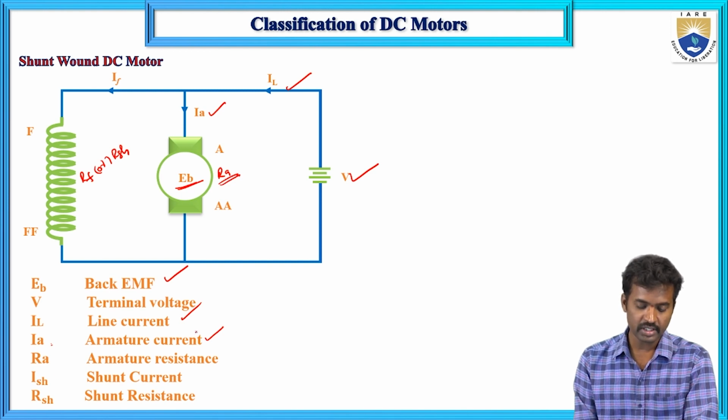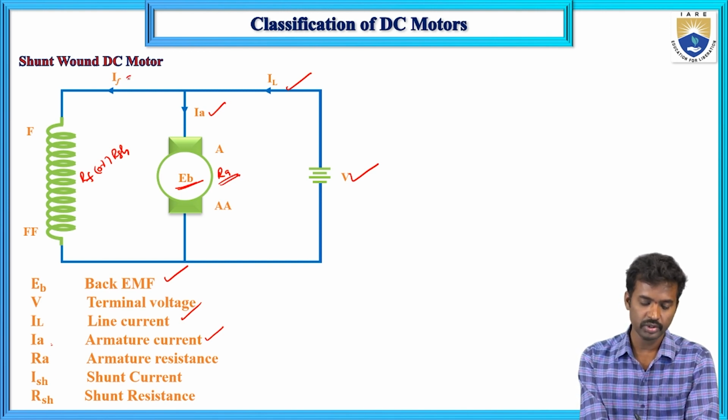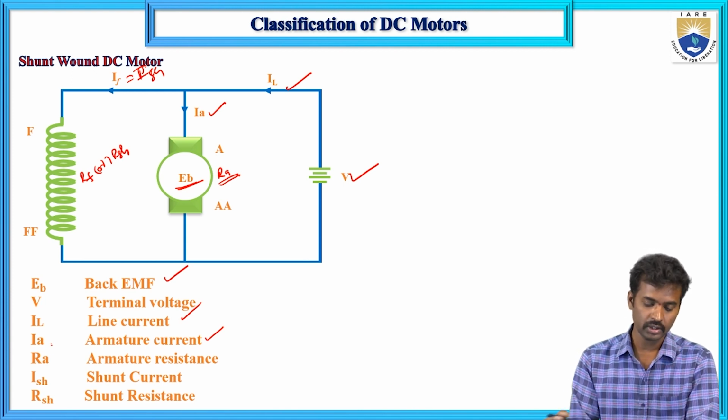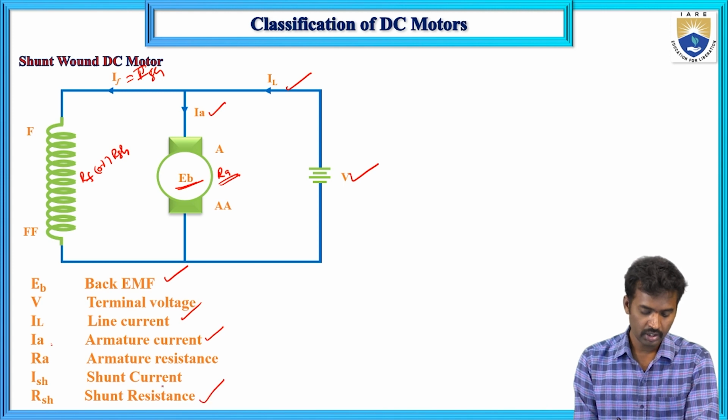This is the shunt current, which we can call ISH or IF. It is the field winding, connected in parallel, so it is called the shunt current or shunt resistance. We can call it RF.